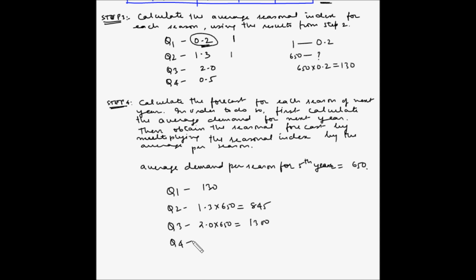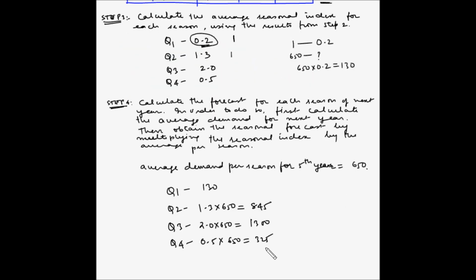And for Q4, 0.5 multiplied by 650, which is 325. So now the total 130 plus 845 plus 1300 plus 325 should be equal to 2600.